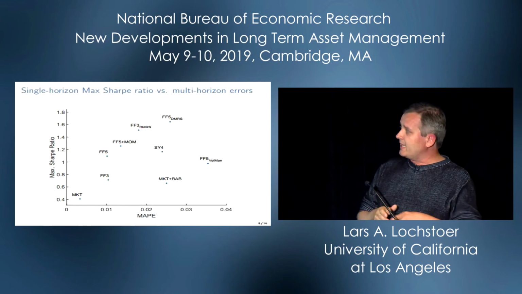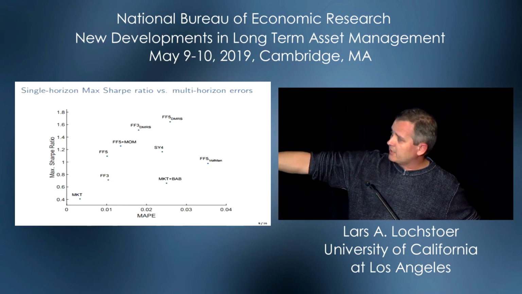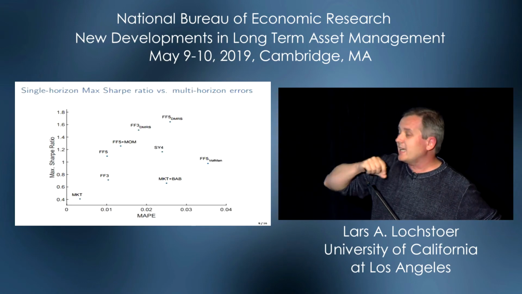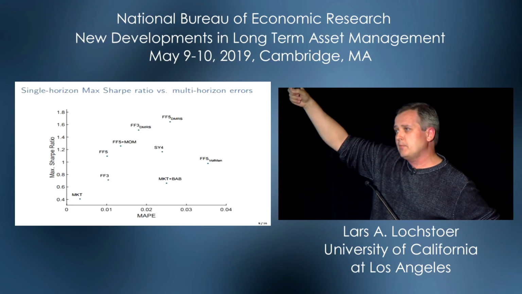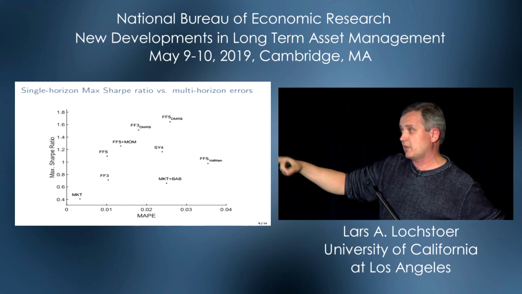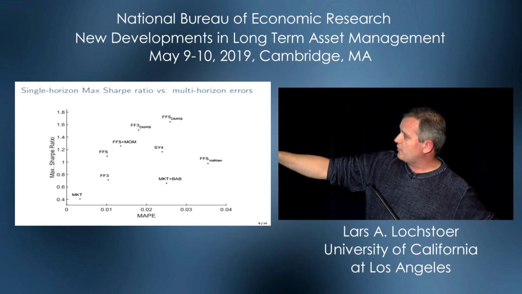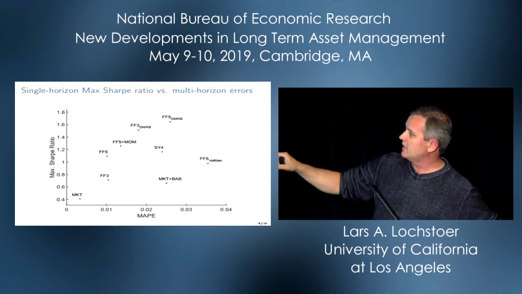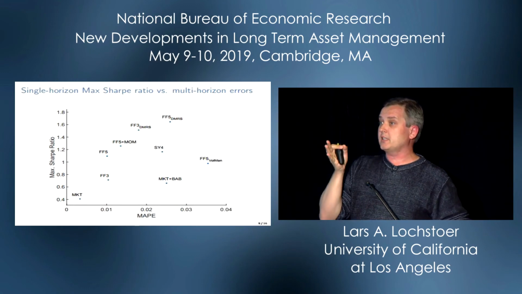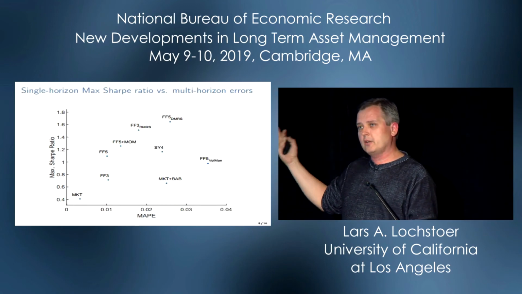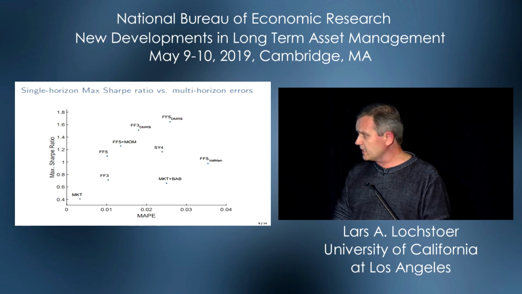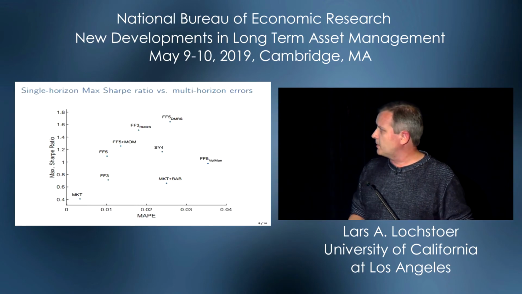So as the max Sharpe ratio of the factors, on the y-axis here, increases, we get closer to the MVE portfolio, and we should maybe have smaller pricing errors on average on the test assets, which are the factors themselves. But if you press me on pushing a line through these points, it looks like it's going the other way. The higher the Sharpe ratio at the 1-month horizon, the higher the pricing errors at the multi-period horizon. So from that perspective, that's somewhat puzzling.